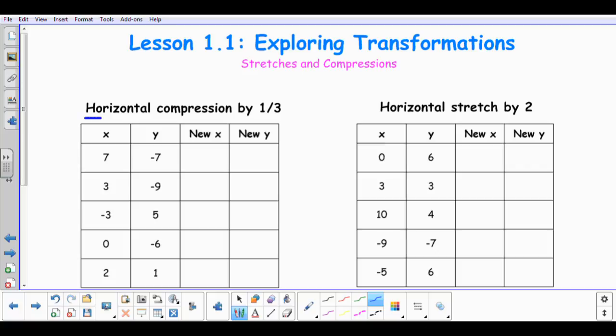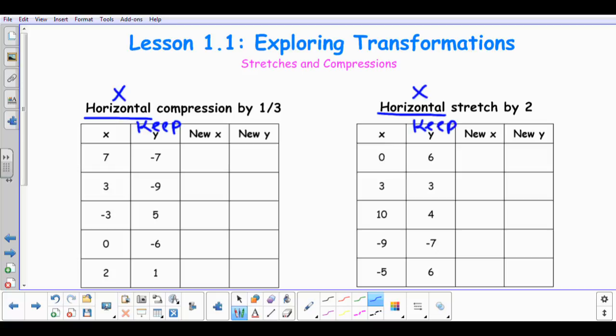Both of them are in the horizontal direction. So the way that you can tell which coordinate is going to be changing is the direction of the axis. Since it is horizontal, it's going to affect the horizontal axis, and the one that runs left and right is your x. So we're going to be changing our x, and we'll be keeping the y coordinates.